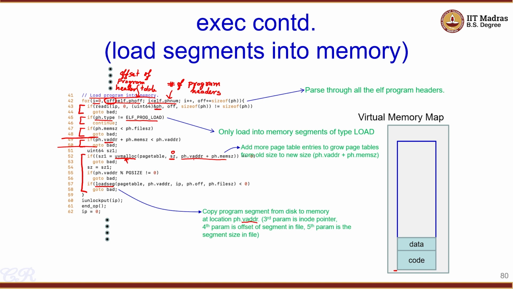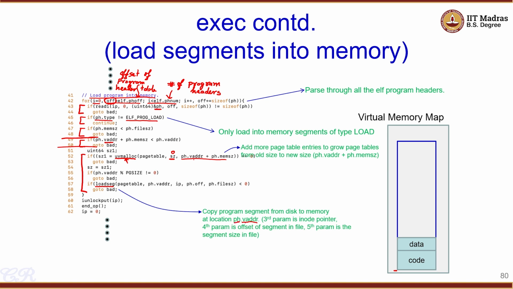The next part is to be able to load segments from the ELF file into these newly created pages, for which UV malloc has essentially created the mappings for virtual to physical address, right? So load segment copies the program segment page by page from the hard disk to memory, starting from the location ph.v address, right?